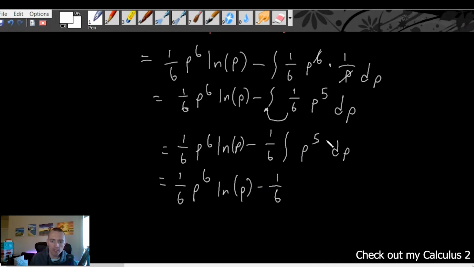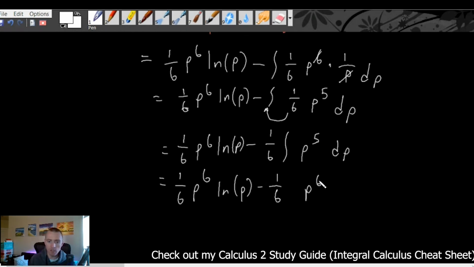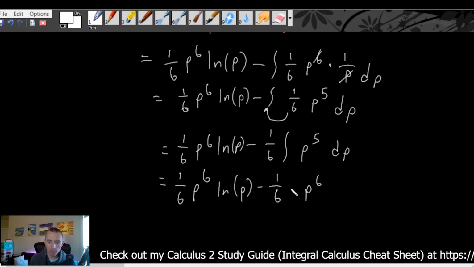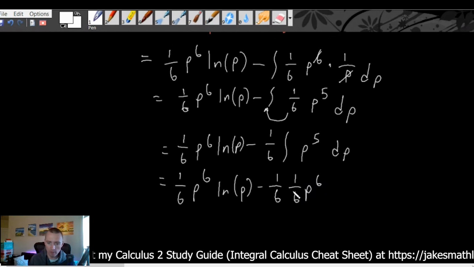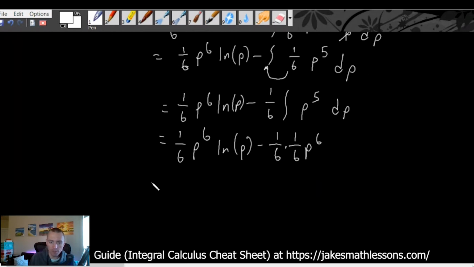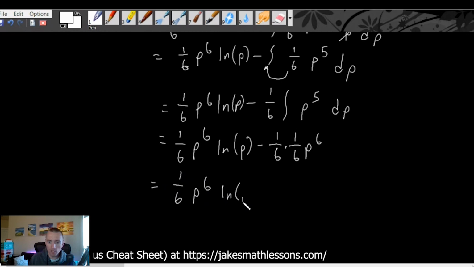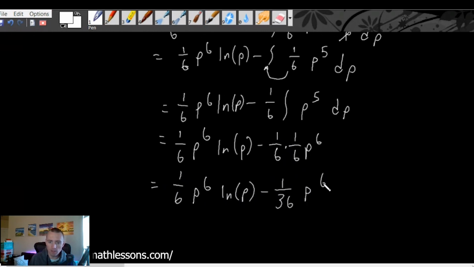And then to integrate p to the 5th, we again just have to apply the power rule, which is just going to raise our power by 1. So raise it to the p to the 6th, and then divide by our new power, which is the same as multiplying by 1 over that new power. So then this is going to simplify down into 1/6 p to the 6 ln of p minus 1 over 36 p to the 6.